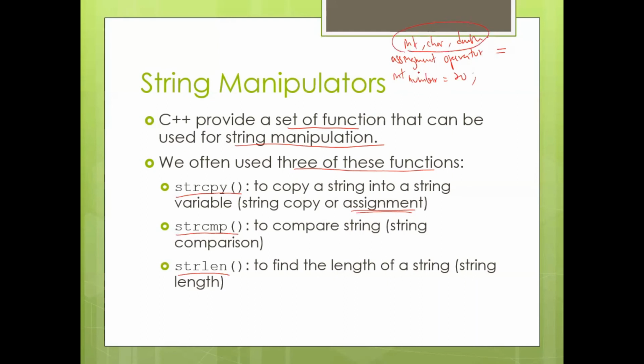But for this data type, char name, I declare first char name[20]. Now I want to assign, for example, Nisa into name. It cannot use this one.